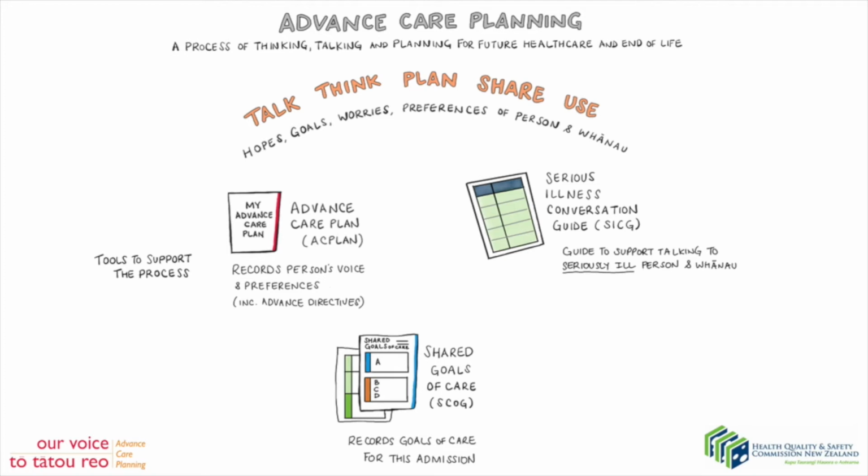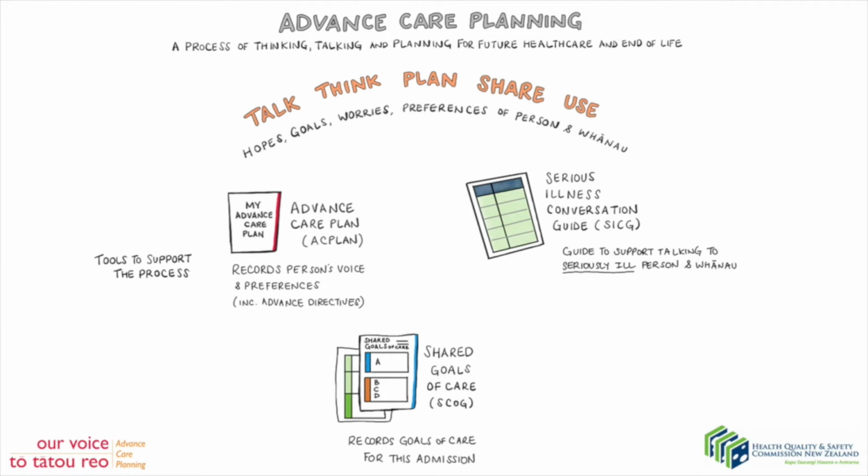The next tool is Shared Goals of Care. The Shared Goals of Care principles and forms support advanced care planning during a hospital admission or during the time a person is in an aged residential care facility. Shared Goals of Care are when clinicians, patients, families, and whānau explore the patient's values, the care and treatment options available, and agree the goal of care for the current admission, and if the patient deteriorates.